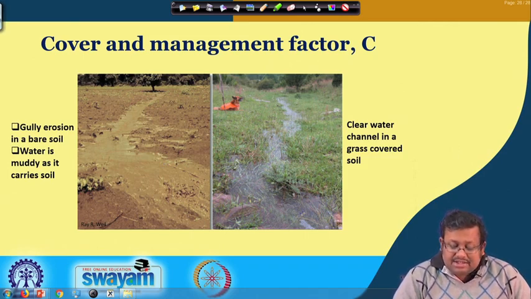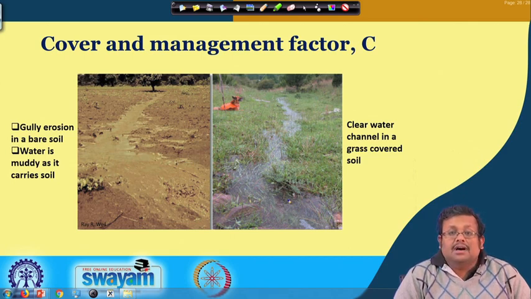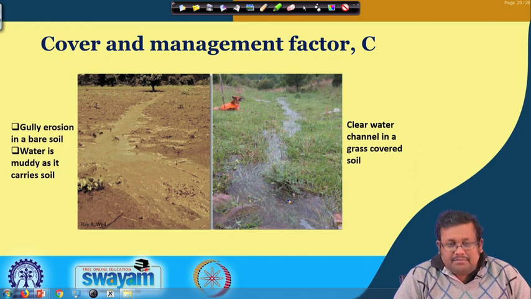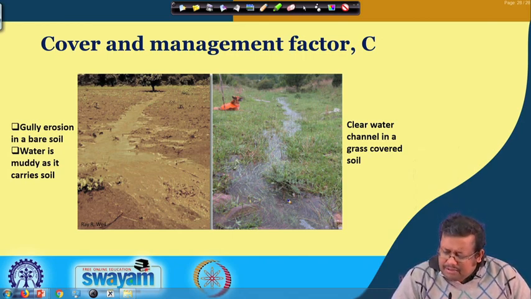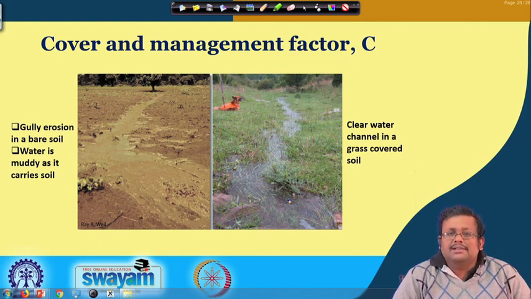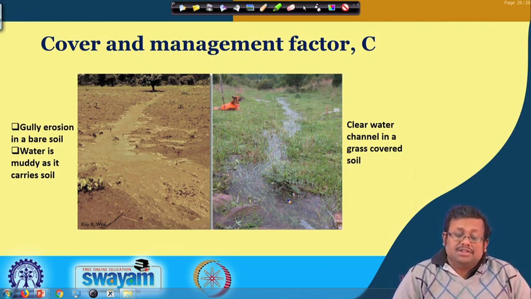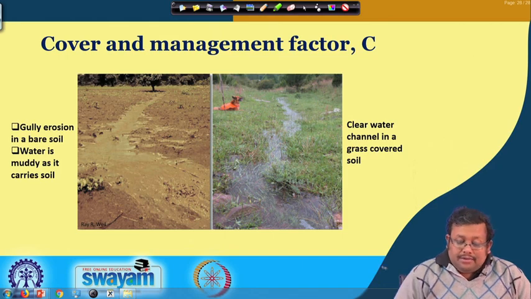This is another strategy to reduce surface runoff, which we call grass channels or grassed waterways, and these grassed waterways ultimately help in preventing the movement of soil particles along with the runoff water. So these are an effective management practice for reducing soil loss through water erosion.